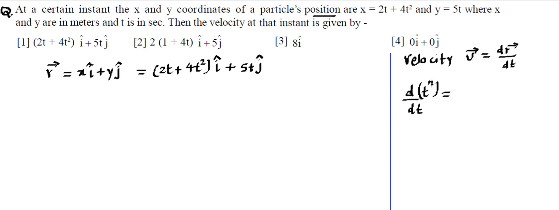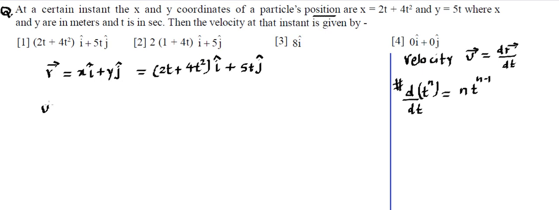If it is t raised to power n, then it converts it into n into t raised to power n minus 1. So that's one of the most important formulas for differentiation, and that we need to learn. So here we will be using this formula. What it is, how it functions, we will be learning in the upcoming lectures. So here I am just explaining it because our focus is on this vector part.